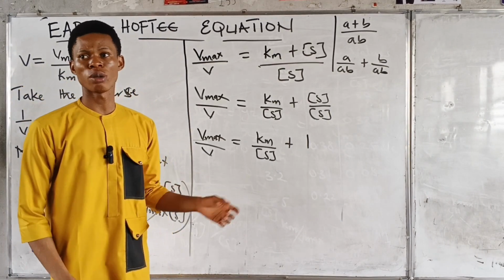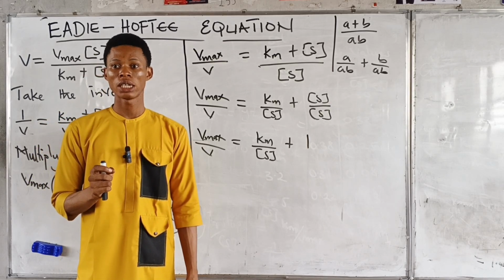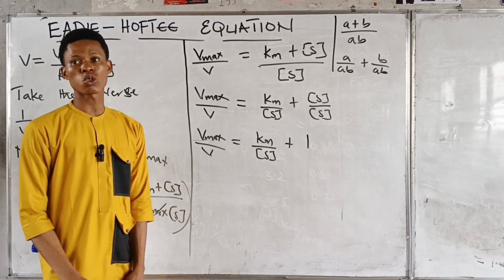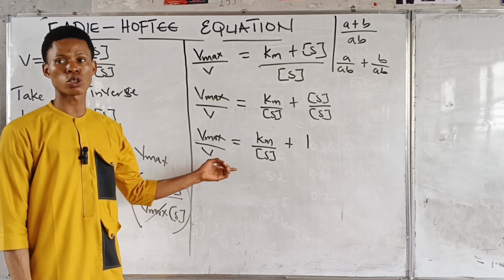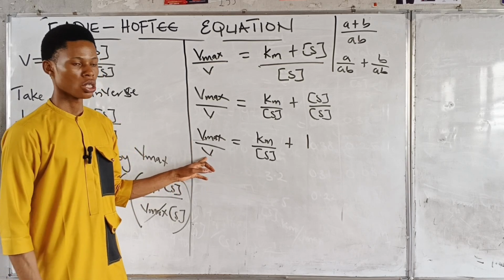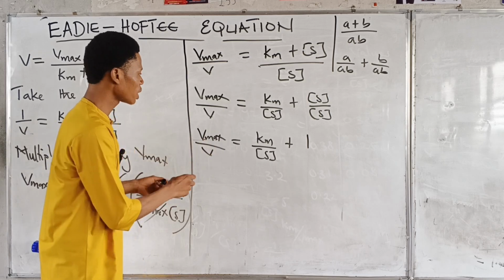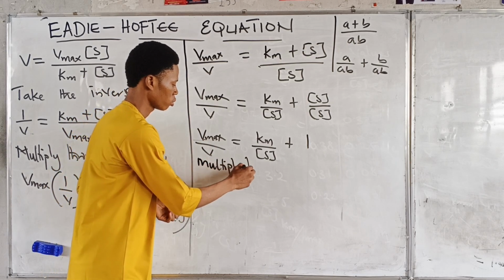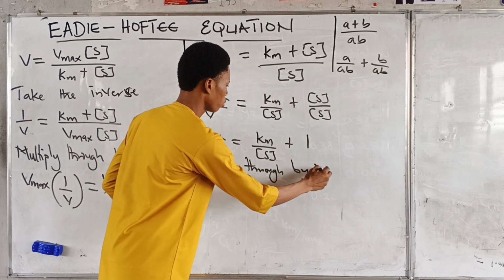Now, at this point, remember that we want to have a linear graph equation, right? Now, if you plot this, it will never be linear. To make this linear, first we multiply through by v, so that if v cancels v out here, we'll be left with Vmax here, right? So the next thing is multiply through by v.